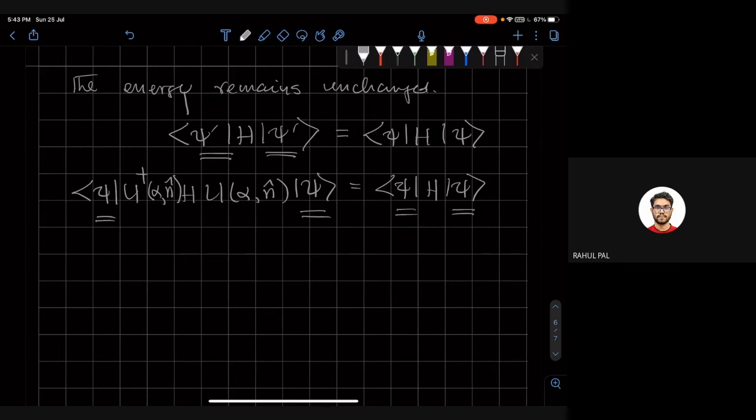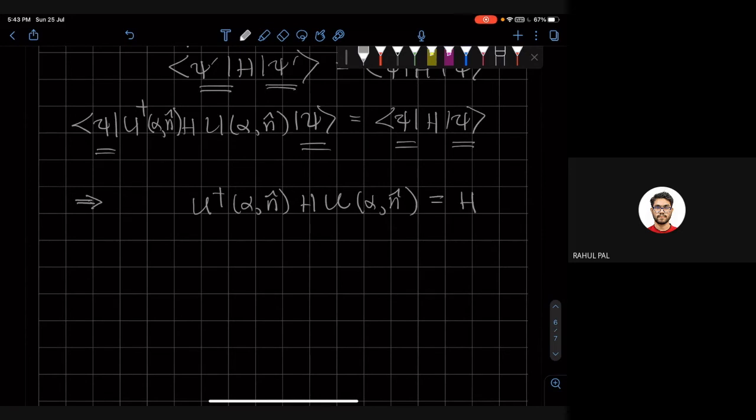So that means that this relationship has to be true as an operator relationship. So this means that U dagger alpha n hat H U alpha n hat has to be equal to H. So for a rotationally invariant system, this has to be true.